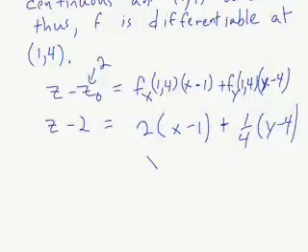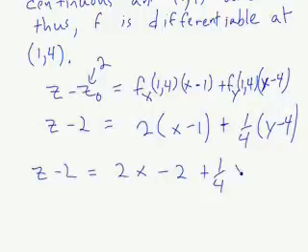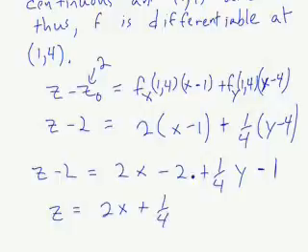And if you simplify that, you'll get z minus 2 equals 2x minus 2 plus 1/4 y minus 1, or z equals 2x plus 1/4 y minus 3, but then if you add the 2, that makes minus 1.